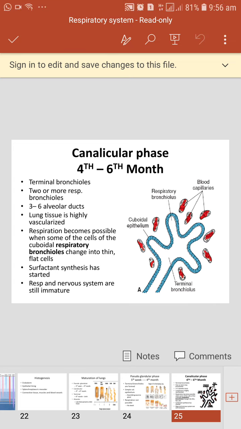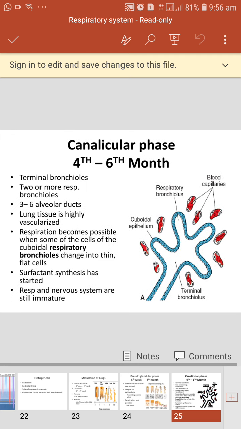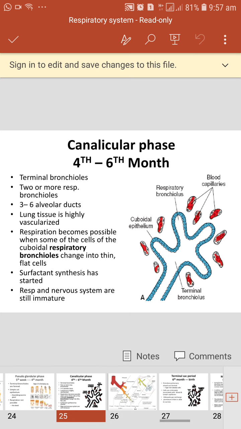In this case, lung tissue is highly vascularized, as you can see the blood capillaries in this diagram. So respiration becomes possible when some of the cells of the cuboidal respiratory bronchioles change into thin flat cells. Surfactant synthesis has started. The respiratory and nervous systems are still immature.